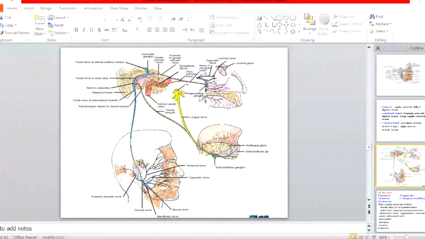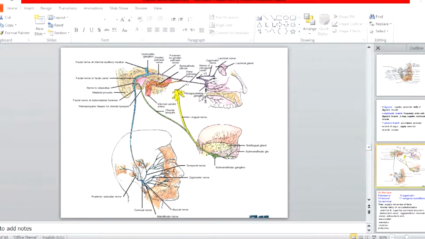Here are the terminal branches in this schematic diagram. This portion which emerges from the stylomastoid foramen only contains motor fibers, the special somatic efferent from the motor facial nucleus, because the sensory has left to the middle ear, parasympathetic through greater petrosal and chorda tympani, and the taste fibers also through the chorda tympani.